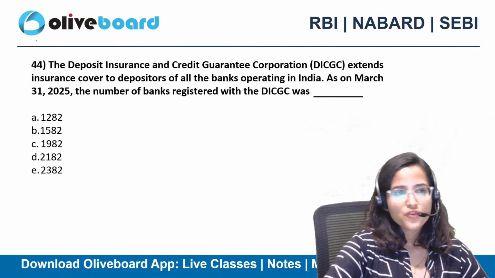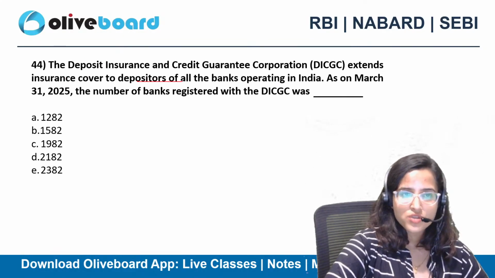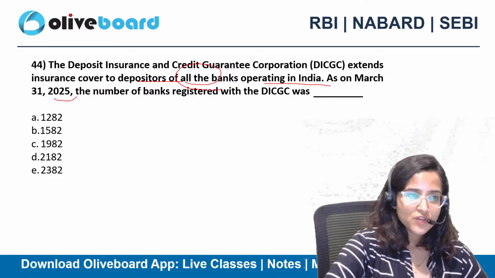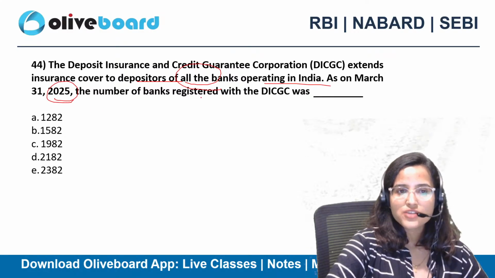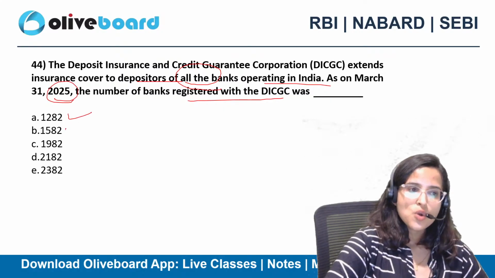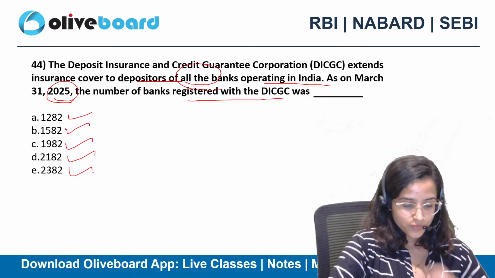Second last question for today. The DICGC extends insurance cover to depositors for all the banks operating in India. As on March 31st, 2025, the number of banks registered with DICGC was dash: 1282, 1582, 1982, 2182, or 2382.